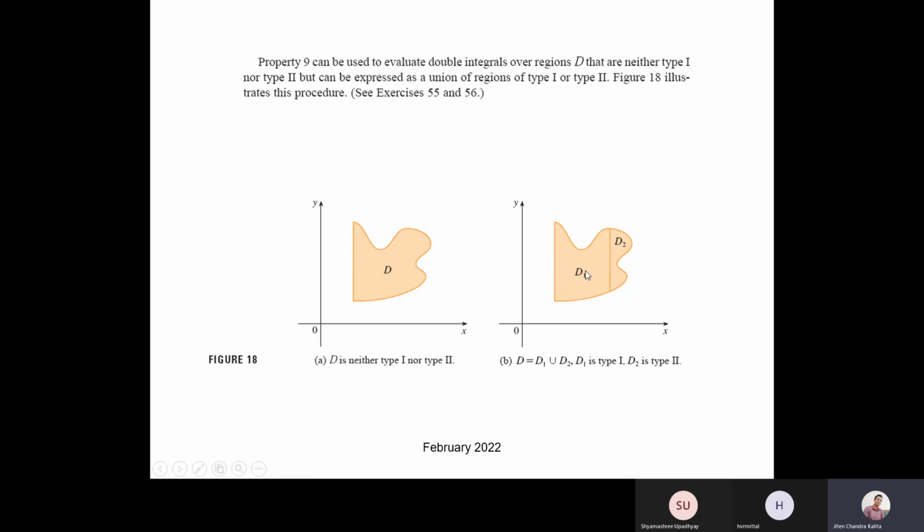For example, the region D1 is bounded by these two curves, this one and this one, right? And D2 is bounded by this curve, this straight vertical line, and this curve. Is it okay? So this is a typical example where D1 is of type 1 and D2 is of type 2.